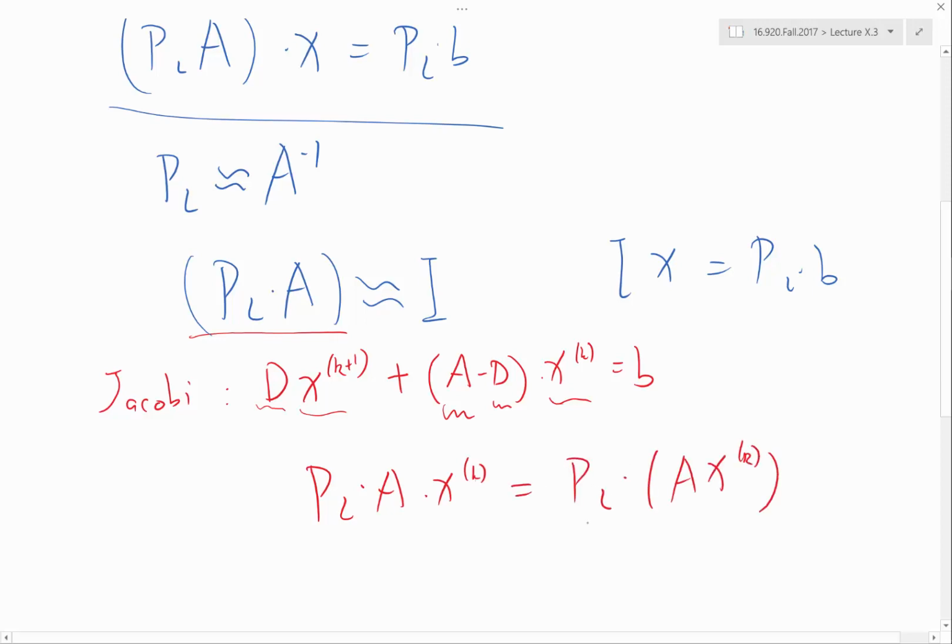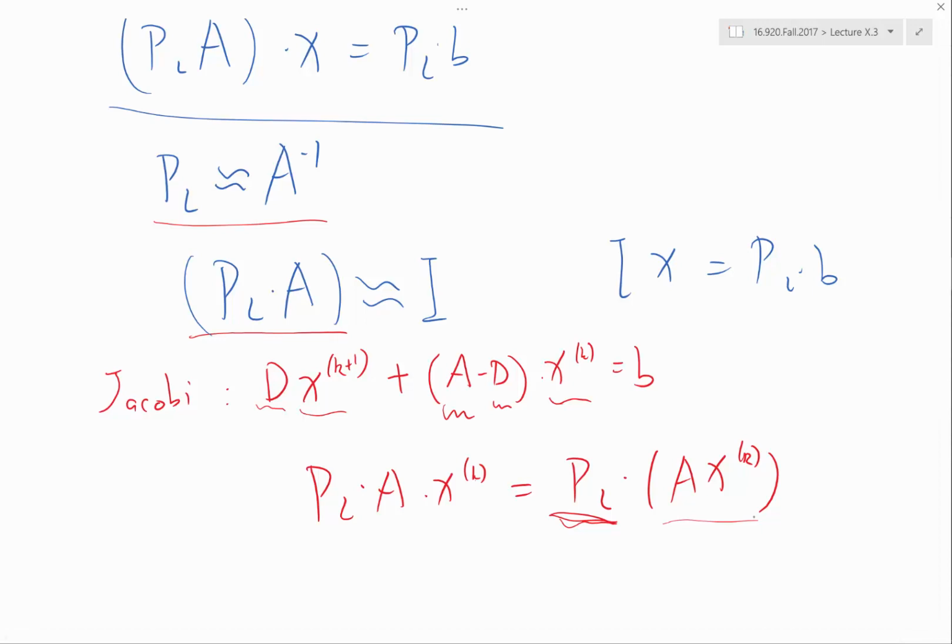So it only requires you to be able to apply this preconditioner. You don't have to have a preconditioner as a matrix. You just have to know how to apply it. And if my PL is an approximation to the inverse of A, then applying PL is like approximately solving Ax equal to b, right?